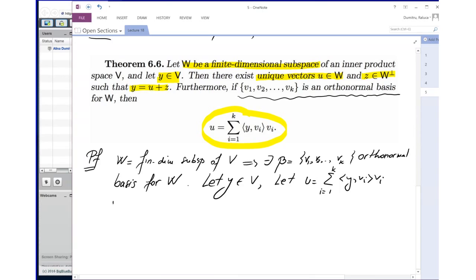And what is Z then? The third vector. Well, what does it need to be? It needs to be y minus u, correct? In order for that highlighted formula, this one here, to make sense. So let me just define z to be y minus u.